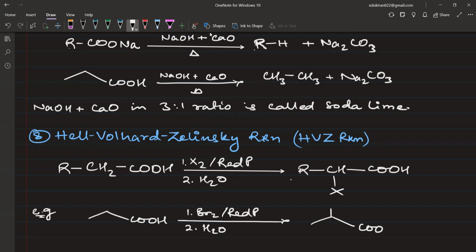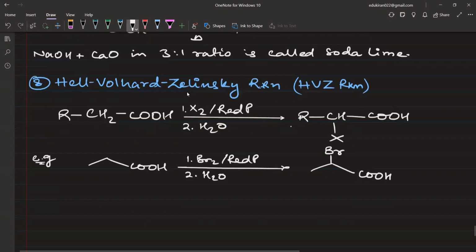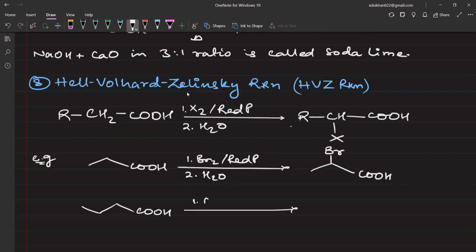The second carbon atom is going to get Br. Similarly, you can have chlorine in the presence of red phosphorus. Secondly, water. Everything will be same. The alpha carbon is going to get chlorine.